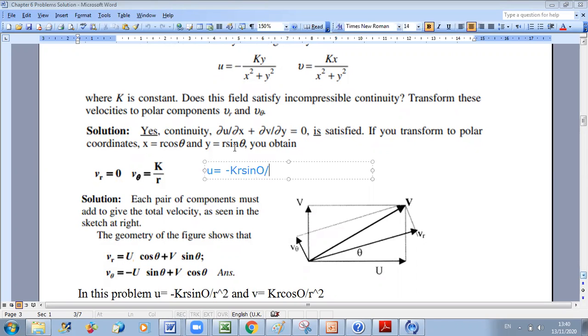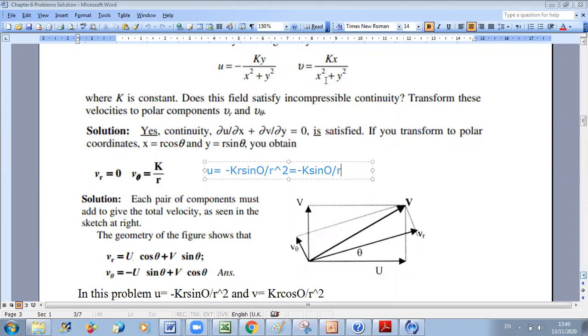So it is r squared. And it's expected, because what is r? r represents the magnitude of the position vector of P. Okay? So when you do x squared plus y squared, you will obtain r squared. So this is equal to minus k sine theta over r.